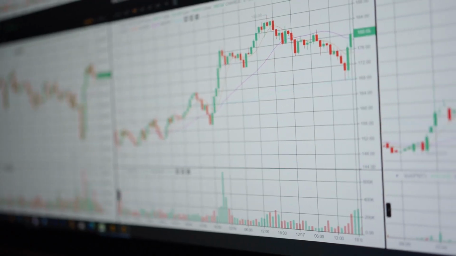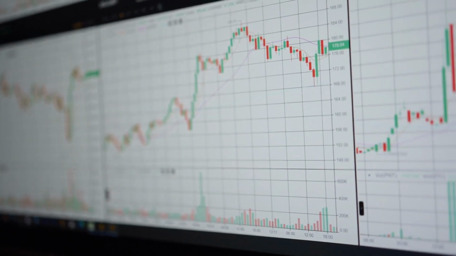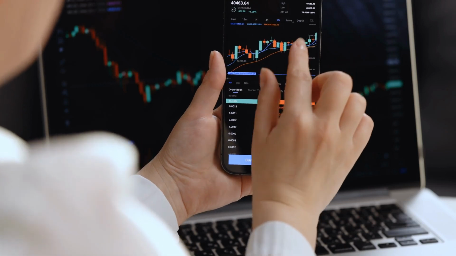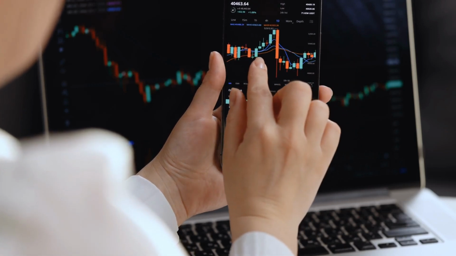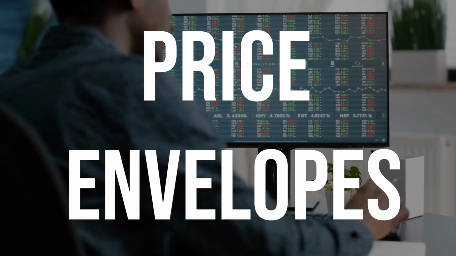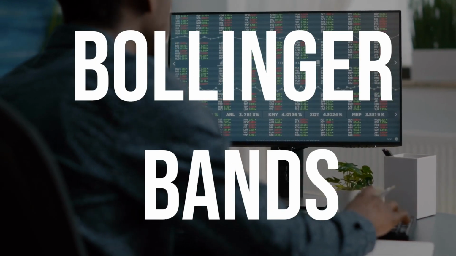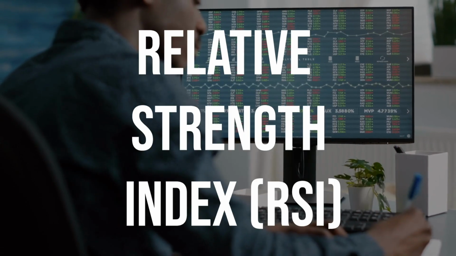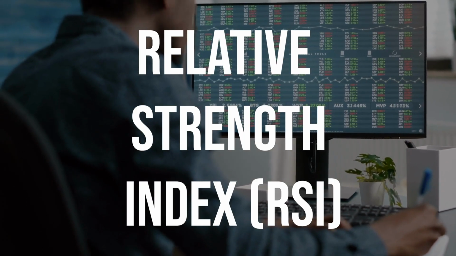Similarly, if the stock starts to decline and drops below its moving average, it could serve as an indication to exit a position. Moving average lines are just one of numerous technical indicators that investors can employ. Other commonly used indicators include price envelopes, Bollinger Bands, stochastic oscillators, and the Relative Strength Index or RSI.